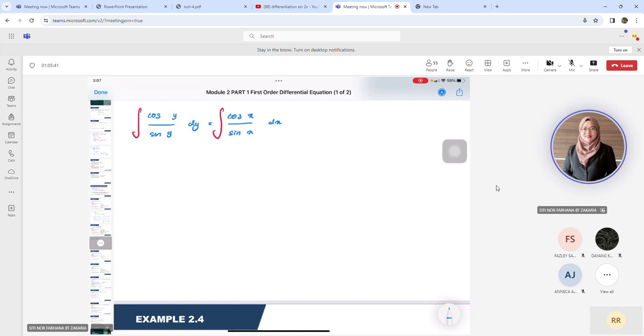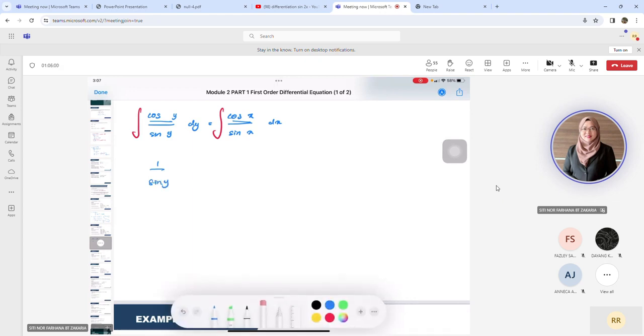So the best way or the easy way to solve this problem, you cannot directly simply make it as ln because you have cos here. If you have 1 over sin y, then maybe you can integrate and directly get ln. But this one cannot.